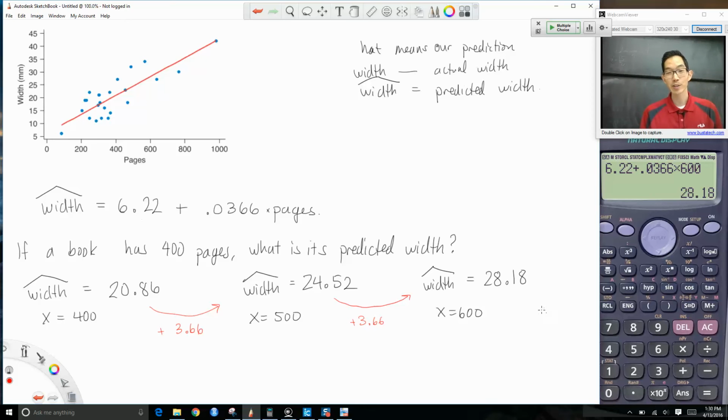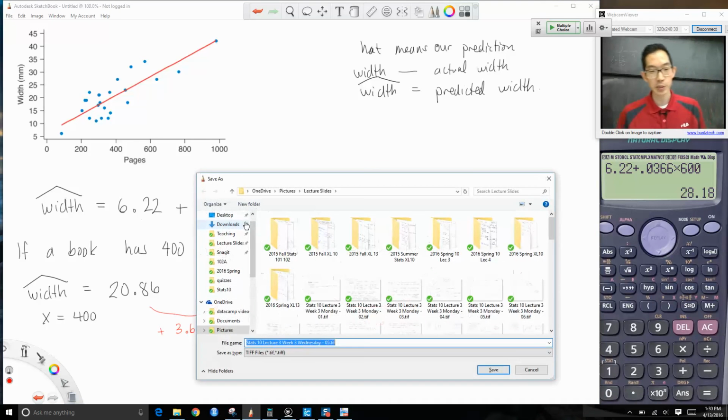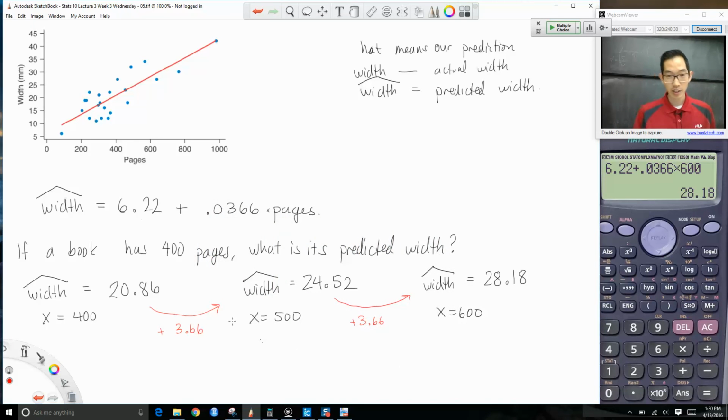So if I said 700 pages, I could plug it in, but I could also just add 3.66 to 28.18. So where am I getting this 3.66? It's coming from the slope. So this points to the interpretation of the slope.